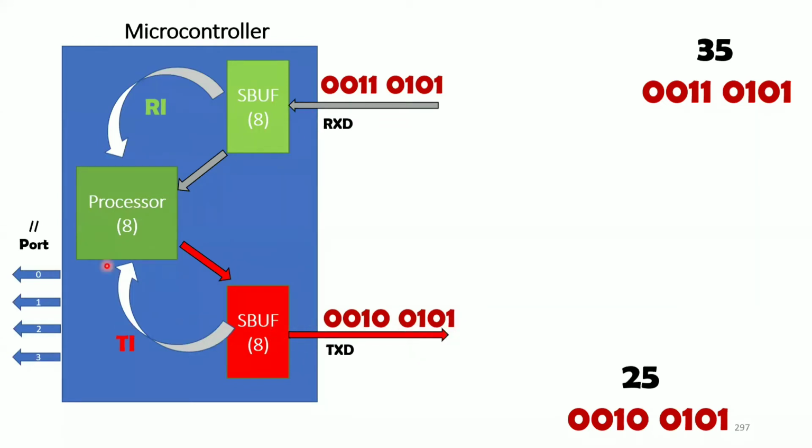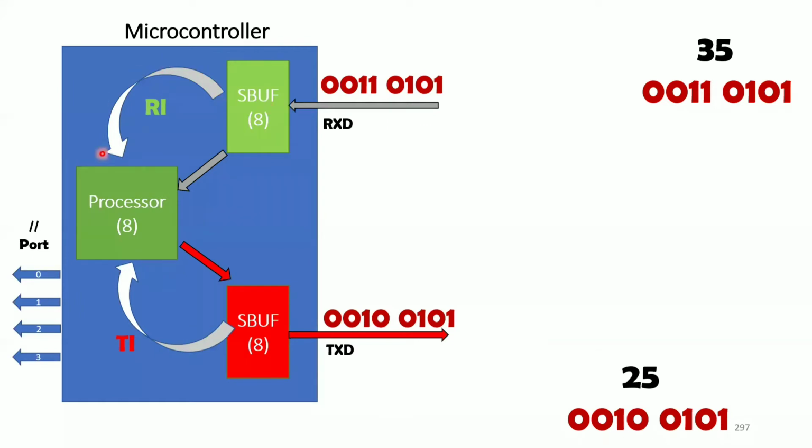it will generate an interrupt to your processor, which is called the transmission interrupt. It is telling the processor, please give me another byte of data to transfer. Similarly, the reception SBUF receives the data one bit at a time, and once it has received the 8 bits, that means a full 1 byte, it will tell the processor, now you can take my data from my SBUF, and I will start the next byte reception.